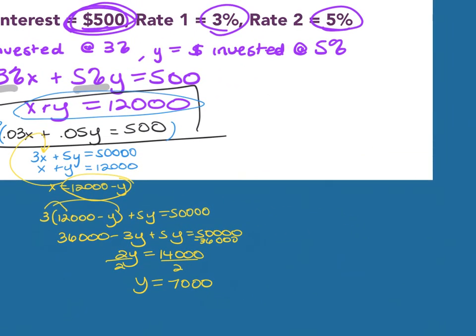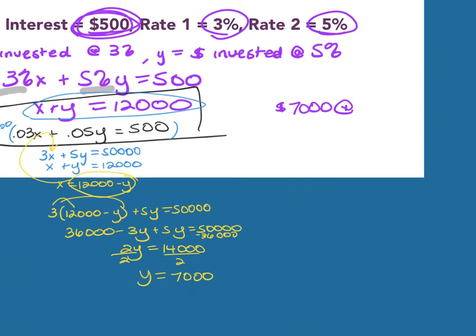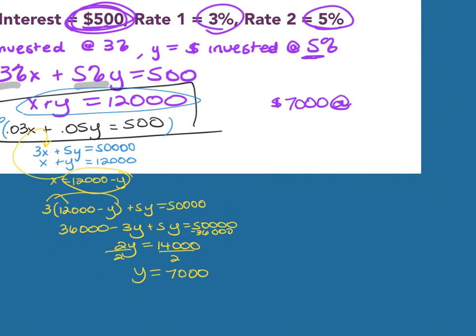So the first thing we know is that we invested $7,000 at the 5%, since y was the 5%. Since we invested $12,000 total, how much does that mean we invested at the 3%?